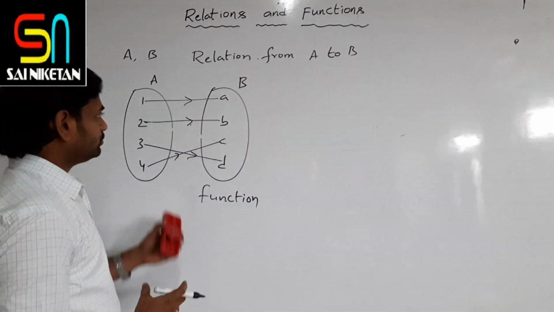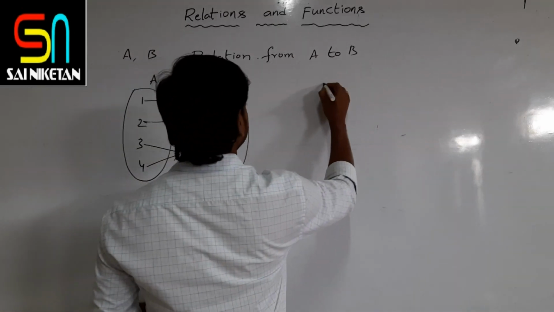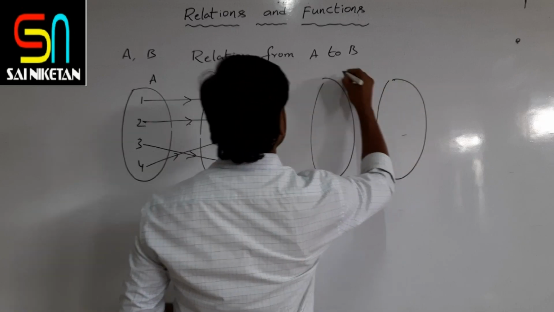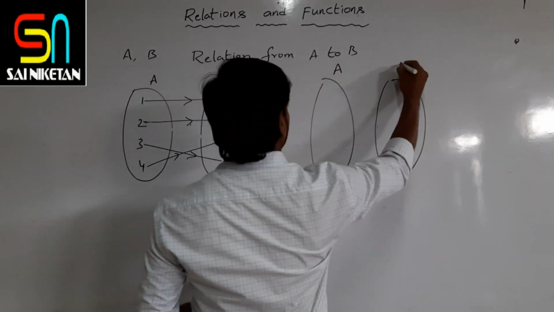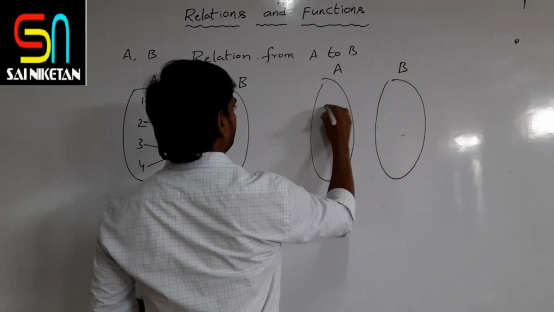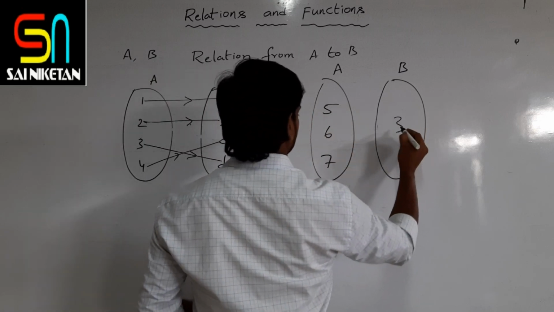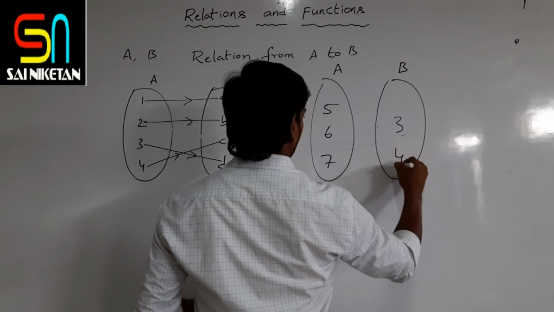See one more example. This is capital A, capital B. I am taking 5, 6, 7 and 3, 4.